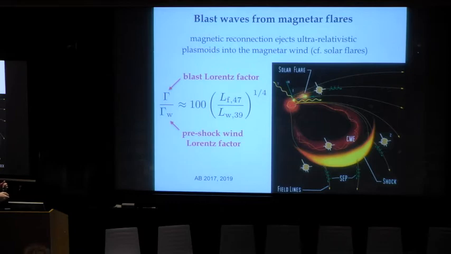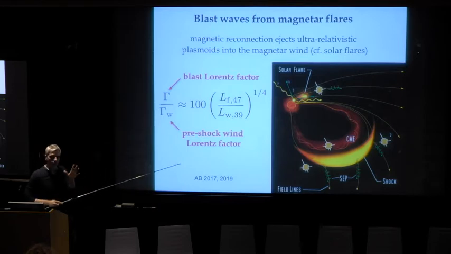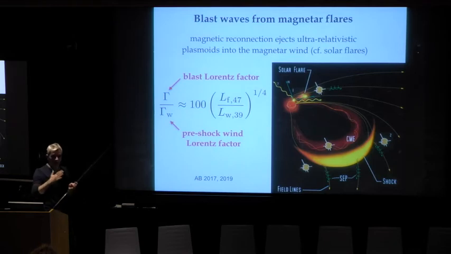And the Lorentz factor of the blast wave, which is denoted here just by gamma, the ratio between the Lorentz factor of the blast wave material and the pre-shock wind material, is given just by the pressure balance. If you like, it's the ratio of powers to the 1/4 power.